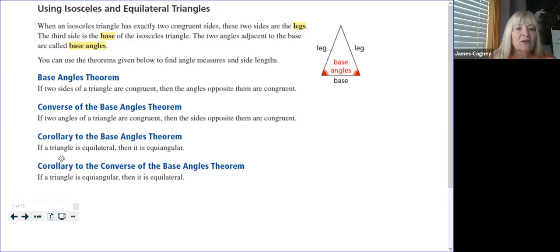Okay, corollary to that, if a triangle is equilateral, then it's also equiangular. So if I have 3 equal angles, then all the sides are also equal. Or if all the sides are equal, then I know that the angles are going to be equal.